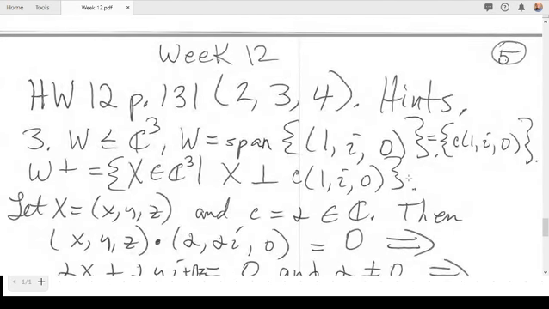So homework 12 is page 131, numbers 2, 3, and 4. For number 3, you want to take W as the span of the given vector (1, i, 0), where W perp is the set of all vectors x in C^3 perpendicular to the scalar multiples of (1, i, 0).